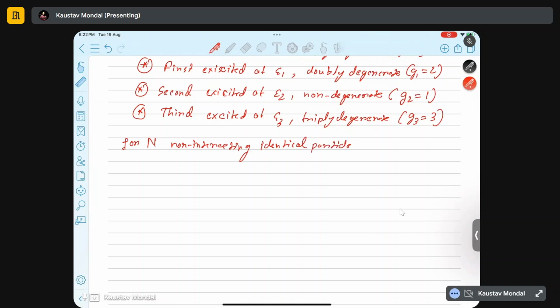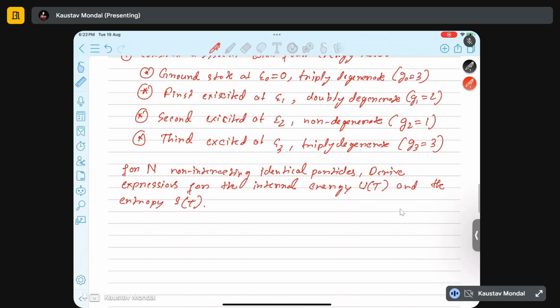Derive expressions for the internal energy U(T) and the entropy S(T).